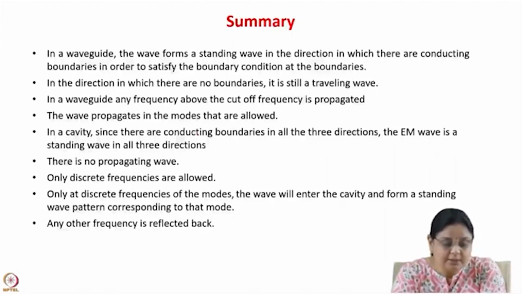In a cavity, since there are conducting boundaries in all the three directions, the electromagnetic wave is a standing wave in all the three directions. There is no propagating wave. So only discrete frequencies are allowed, and only at these frequencies of the modes will the wave enter the cavity and form a standing wave pattern corresponding to that mode. Any other frequency is reflected back.